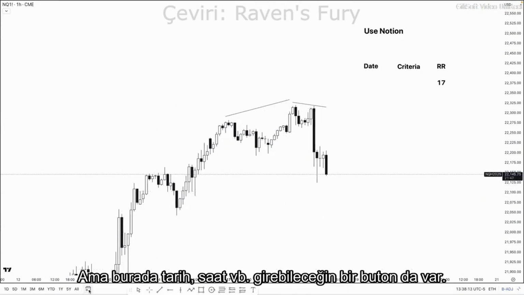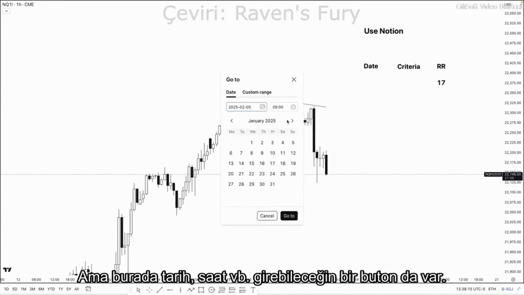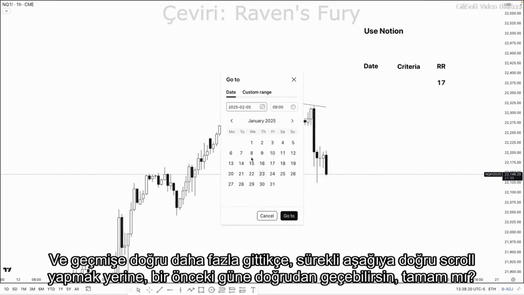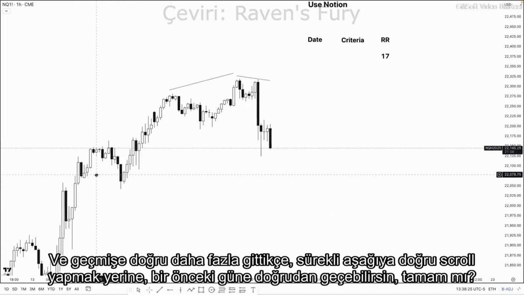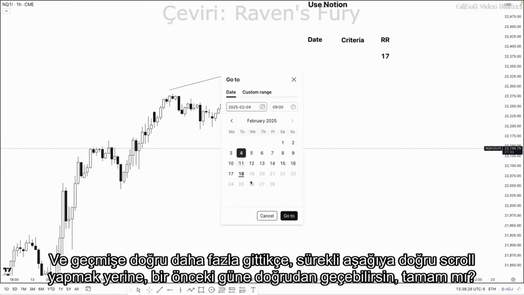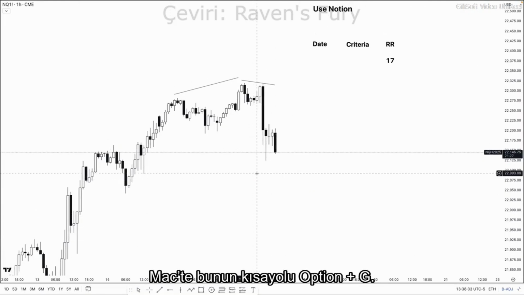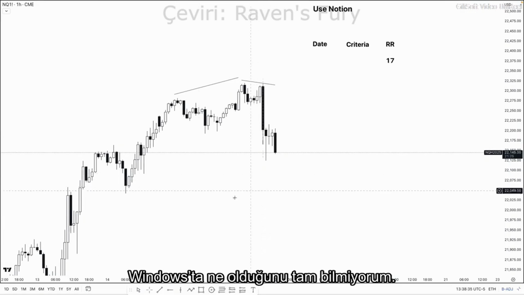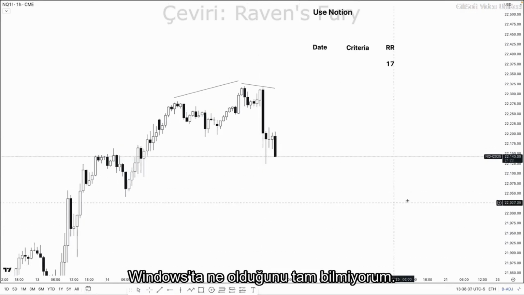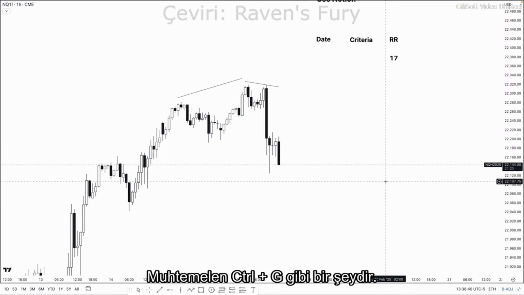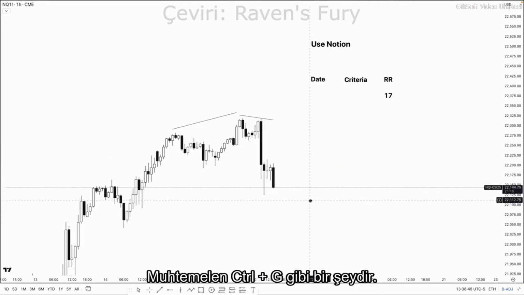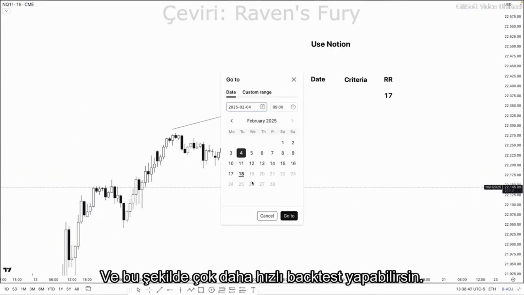But there is a button here where you can enter the date, time, etc. Okay, and then when you start to go further and further back, instead of having to scroll all the way, you can just go on the day before. Okay, and the shortcut for this on Mac is Option G. I'm not sure what it is on Windows. It's probably something like Control G, something like that. And that's how you can go back and backtest a lot faster.